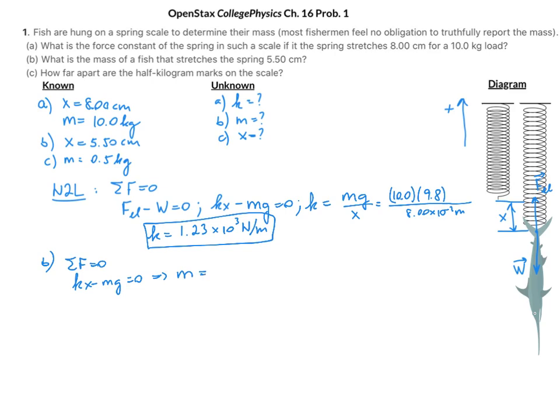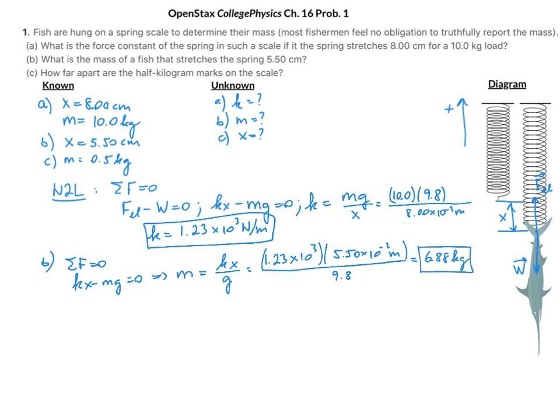So the mass will be equal to kx divided by g. k is 1.23 times 10 to the third newtons per meter. x is 5.5 times 10 to the negative 2 meters. Divide that by 9.8 meters per second squared. And when I plug in the numbers, I end up with a fish that is 6.88 kilograms in mass.